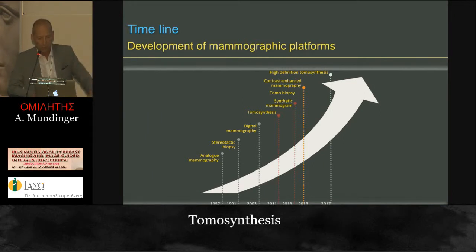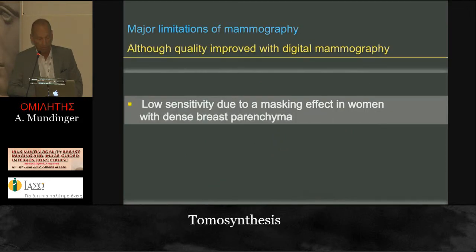And if you look at the timeline, how things developed from conventional analog mammography to digital, it was nearly 50 years, but it took less than 10 years from the beginning of tomosynthesis to high-definition tomosynthesis as we use it today. But why do we need tomosynthesis and ultrasound?